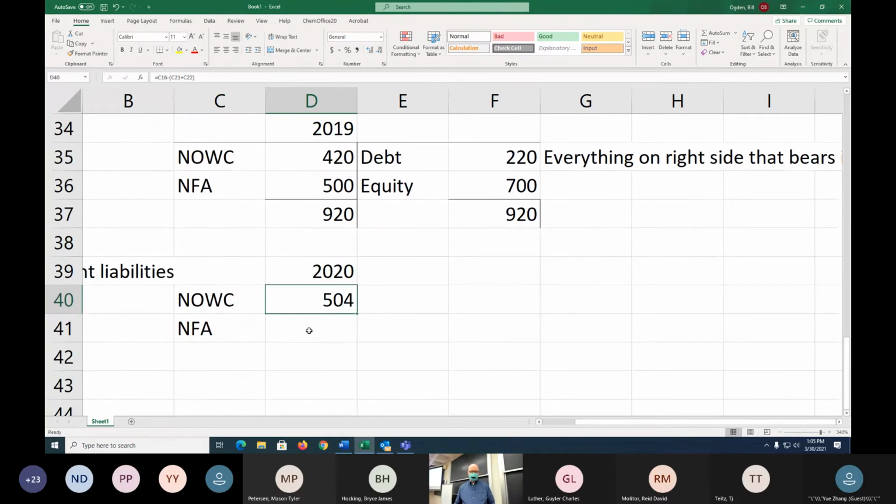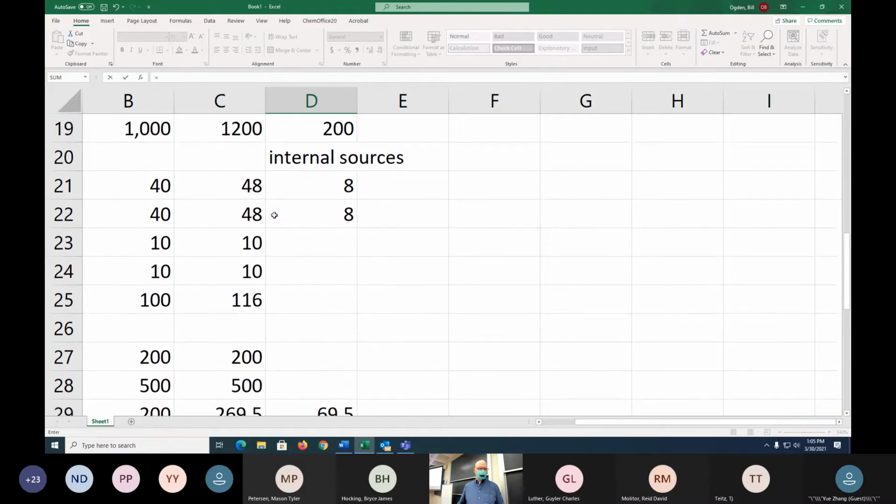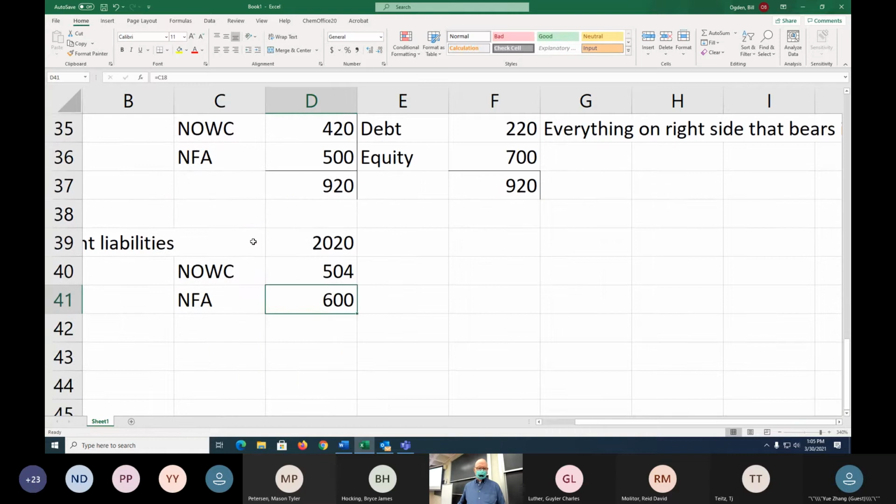Okay, net fixed assets. That would be right here, 600. So on the left side, we will have a total of 1104. We'll have our debt and equity.